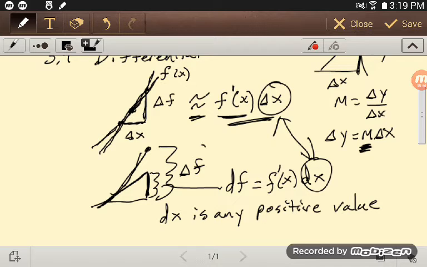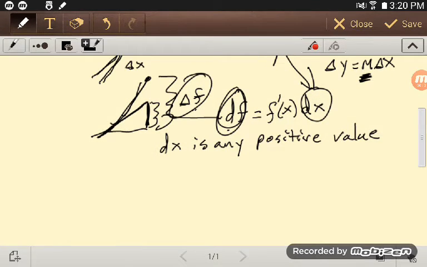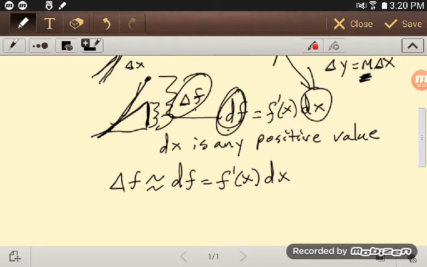However, on this end, if I'm talking about delta f or delta y, the function change here, those are not the same. This is an approximation. So we have that delta f can be approximated by df, which is our f prime of x dx. That's the idea of a differential.